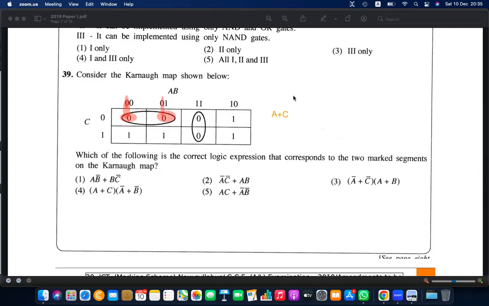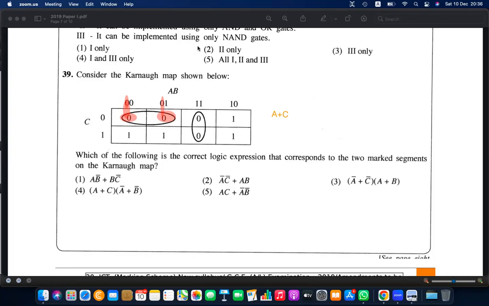Okay, what is the next group? The next group is these two zeros. C is varying, but you can see A and B are 1. When both are 1 only, this is 0. That means you cannot take pure A and B. You have to go the other way.